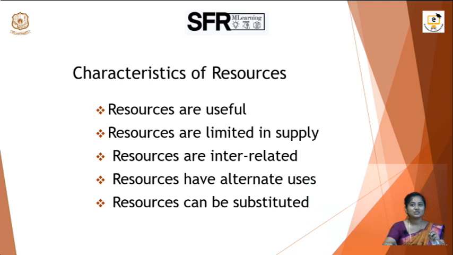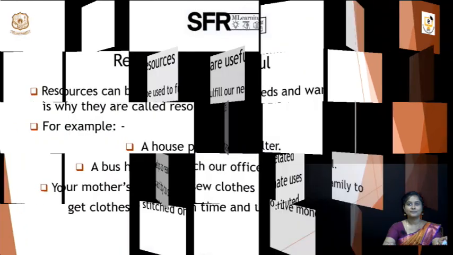Thirdly, resources are interrelated. One resource is related to another one. Fourthly, resources have alternate uses. A single resource can be used in different forms for different needs. Fifthly, resources can be substituted. One resource can be substituted for another for its use. We will see those in detail.